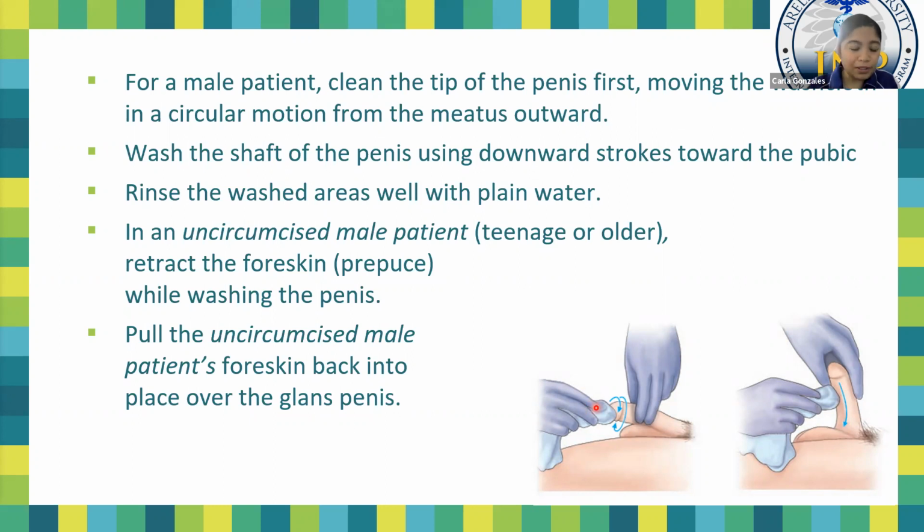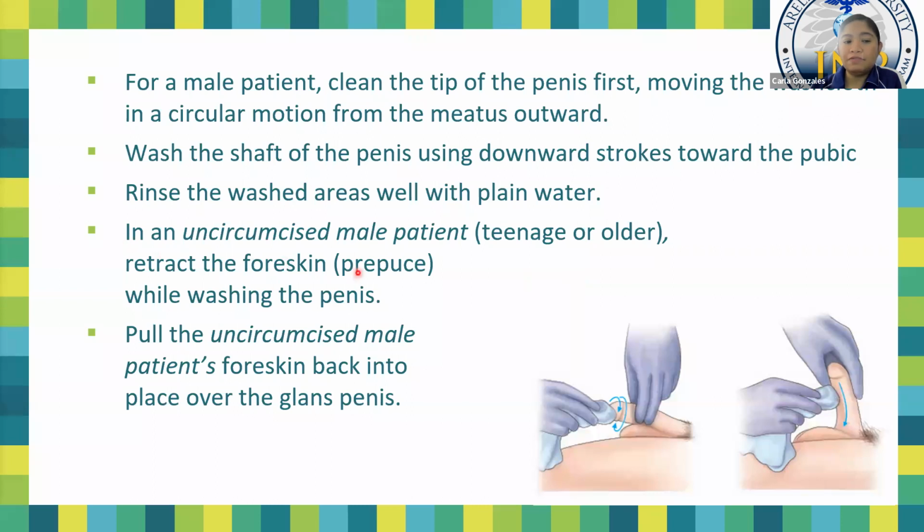The principle earlier was from the center going outside. Then wash the shaft of the penis using downward strokes toward the pubic area. You can hold the tip of the penis and then stroke downwards. And then rinse the washed area with plain water.